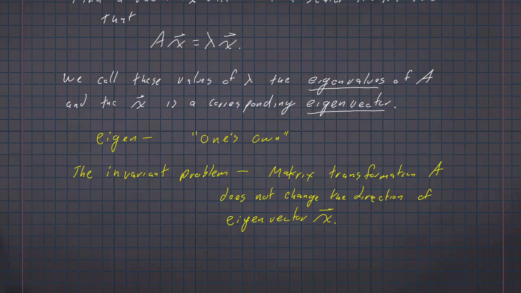So if we multiply an eigenvector times matrix A, the scale of the vector will change. It will become larger or smaller, and eigenvalues can be whole numbers, integers, fractions, irrational numbers, the whole gamut.